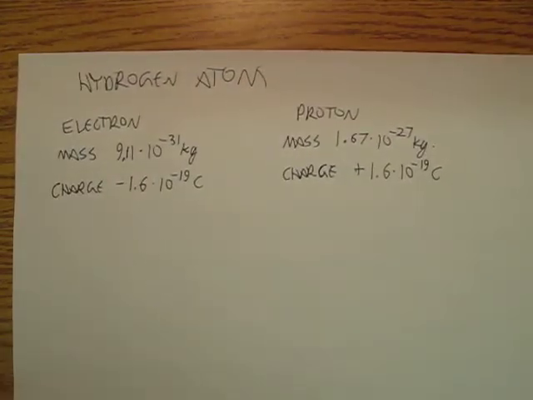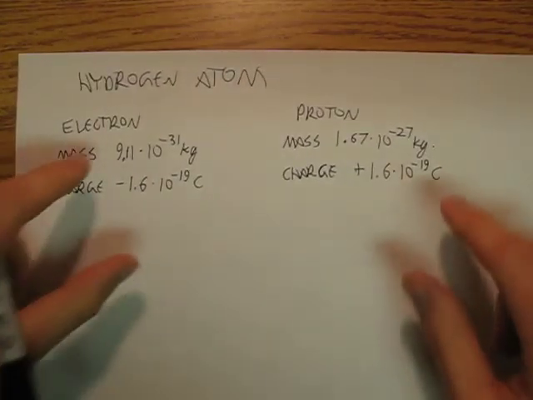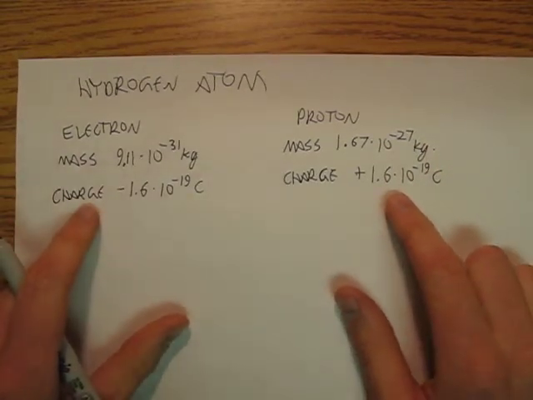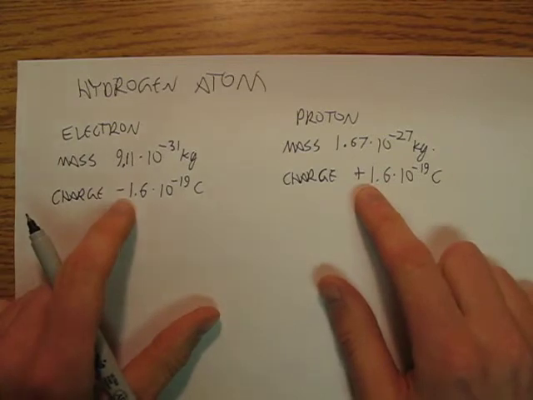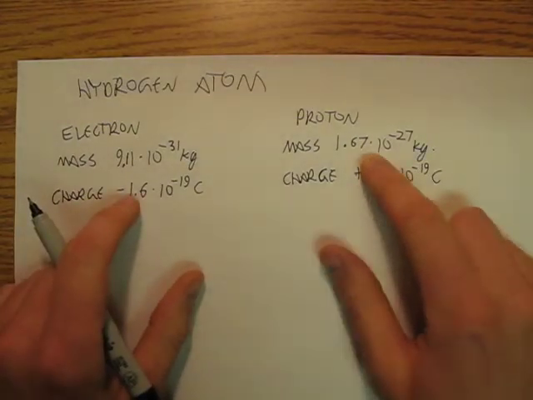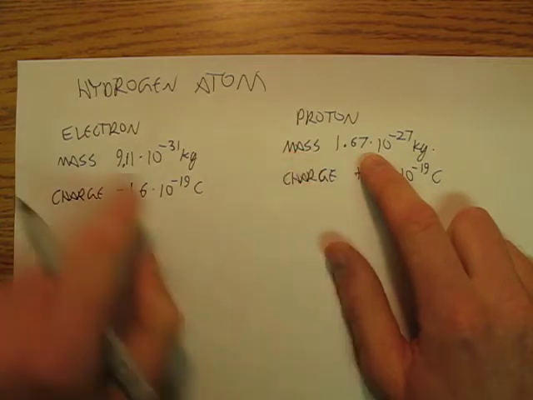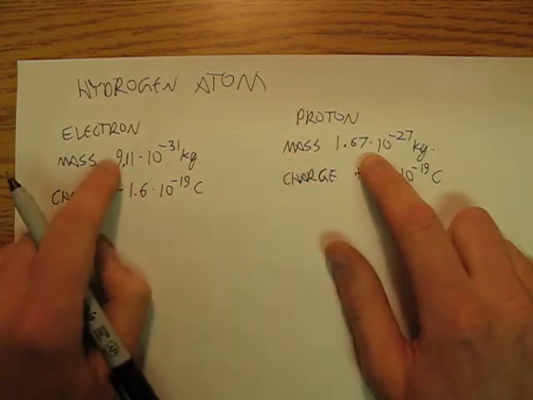So the charges on an electron and a proton are exactly the same, just opposite signs. And then the proton has a mass that is much larger than the electron's mass.